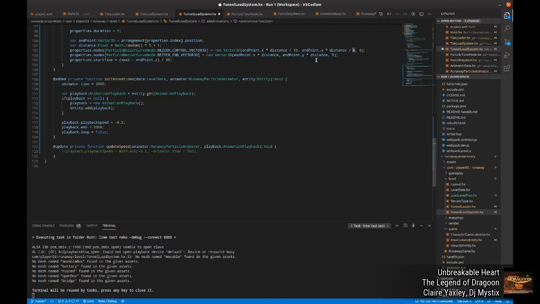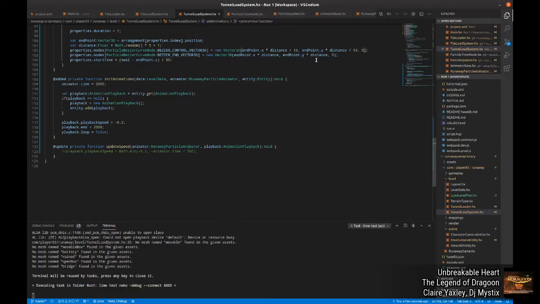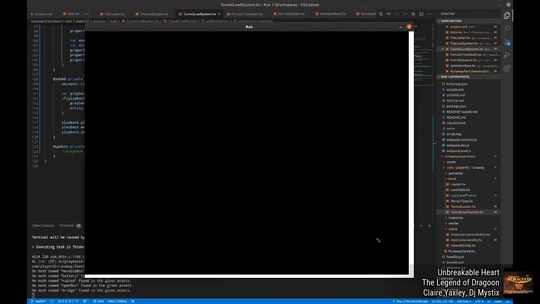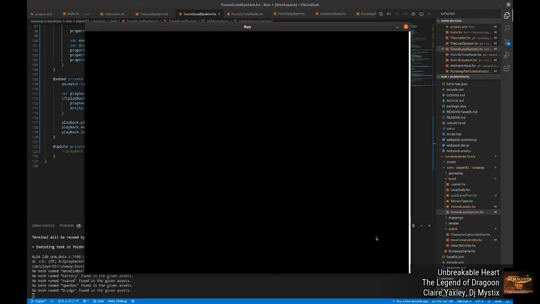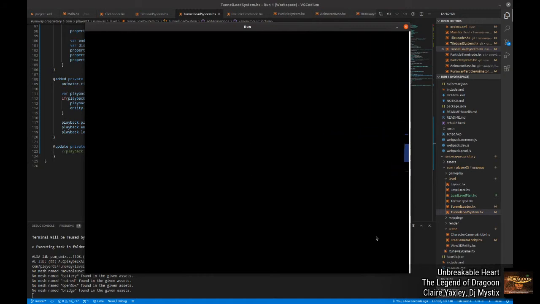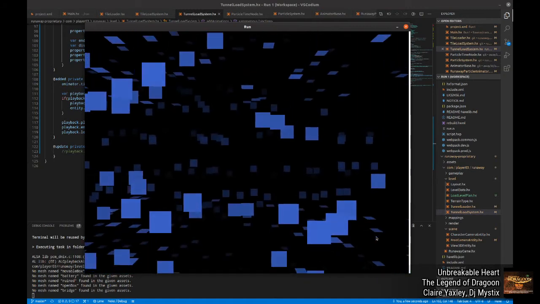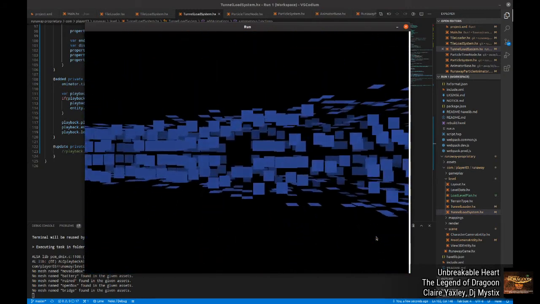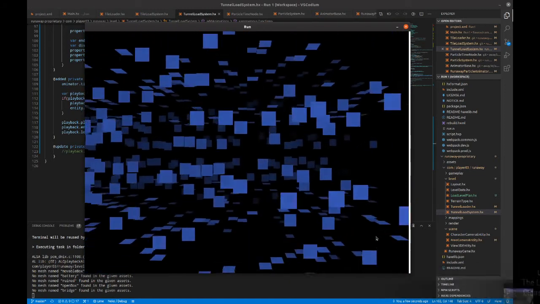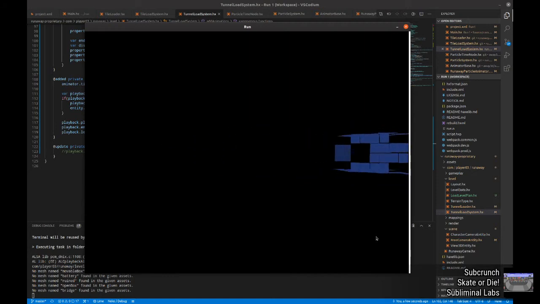Okay, let's do something a little more extreme to get a better idea. Does it normalize that? I want to get these to move slower as they approach, but honestly, it's fine as is.